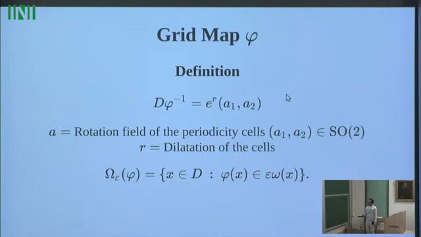And so once we have done this, it's really easy to construct our shape sequences that converge towards the optimal composite. It's omega epsilon. It depends on phi, and it's the set of x in the optimization domain D such that phi of x belongs to epsilon times omega, where omega is our Y periodic structure.